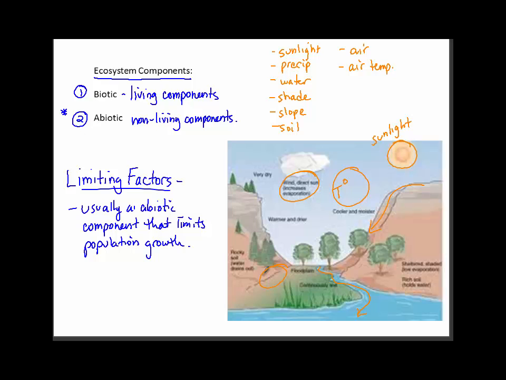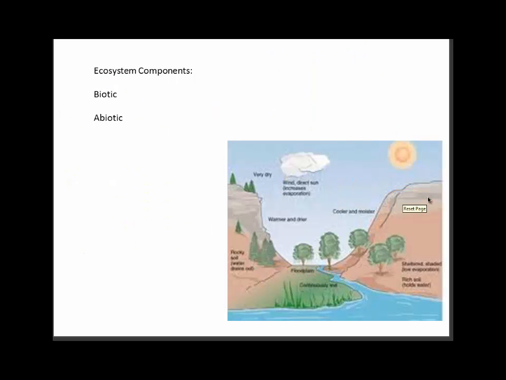These are the ones that can become limiting factors and can really limit population growth. So these are the ones we want to be able to understand and be aware of. So, ecosystem components as being biotic and abiotic.